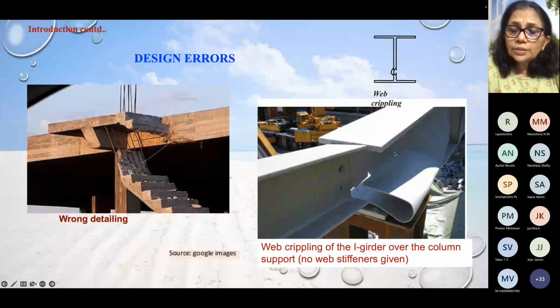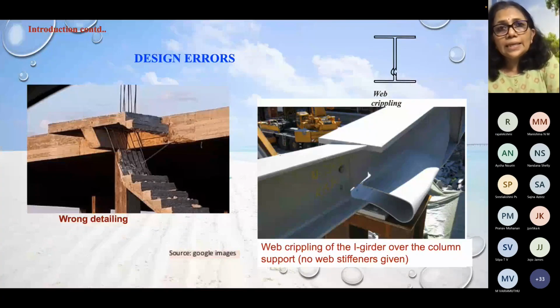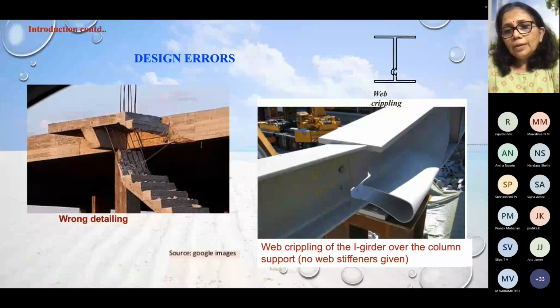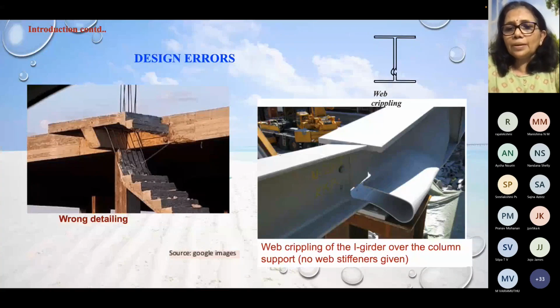Okay, this of course can be corrected if you thoroughly check your design 2 to 3 times or by 2 to 3 people. That is why we say always when you design, you give that design to some other person to check it. Okay, they will be able to find. Even with 2 to 3 checkings, this can happen, but it should not happen as we are responsible structural engineers.